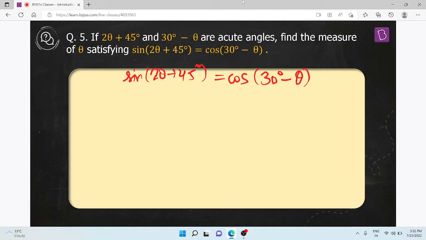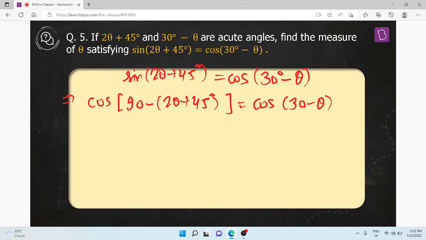Students, please take notes of all these questions. Students, हमें थीटा की वैल्यू निकालनी है, but दोनों साइड, एक साइड साइन है, एक साइड cos है, means we can't compare the angles. But we know that sine theta is equal to cos 90 minus theta. So we can write this as cos 90 minus 2 theta plus 45 degrees will be equal to cos 30 minus theta.